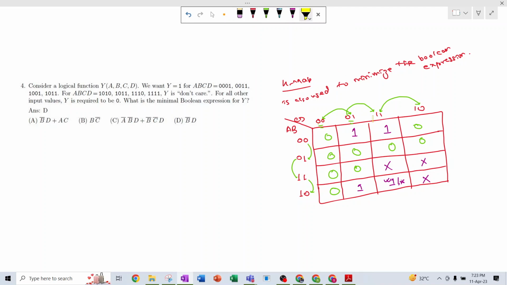So if we consider this thing, this 1 1 1 1, and here this thing 1 1, using this there are groups of 4 possible.